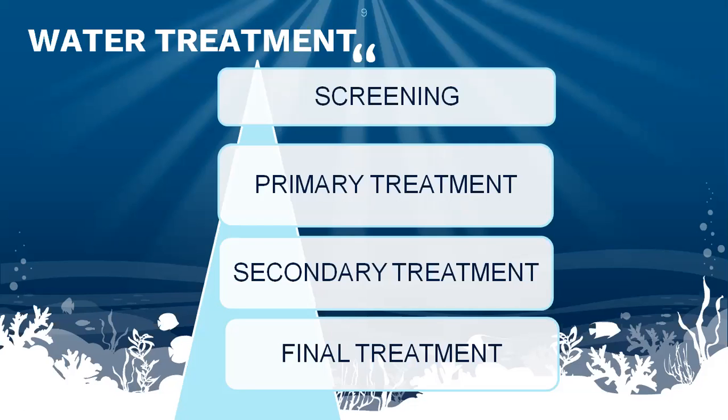In this stage, organic solid matter, or human waste, is separated from the wastewater, and it is put into large settlement tanks where the solid substances settle down, or sink to the bottom of the tank. These settled solids are known as sludge.